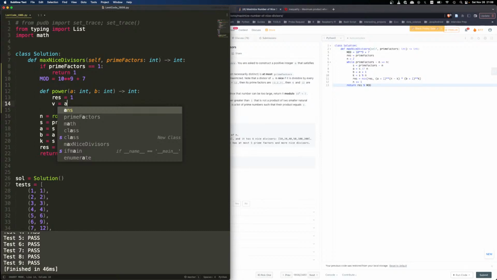If it cannot be divided by 2, res will multiply that. Hold on. So if it can divide by 2, I'll double it. If it cannot divide by 2, then I will multiply by a single.